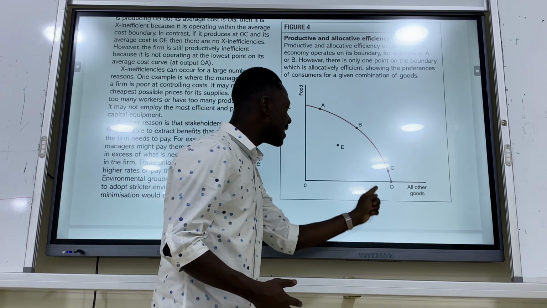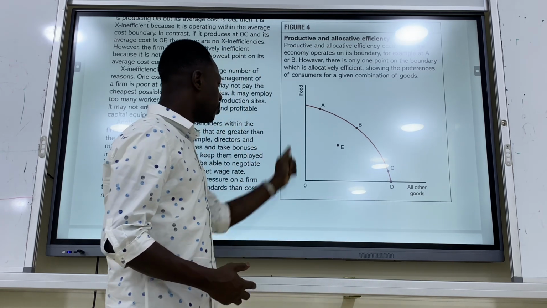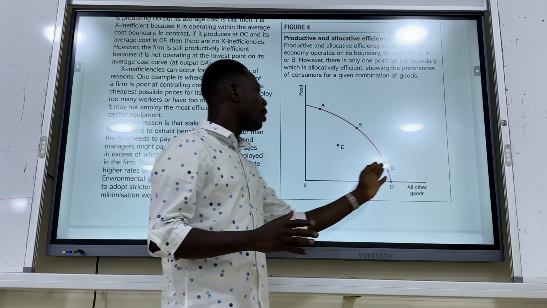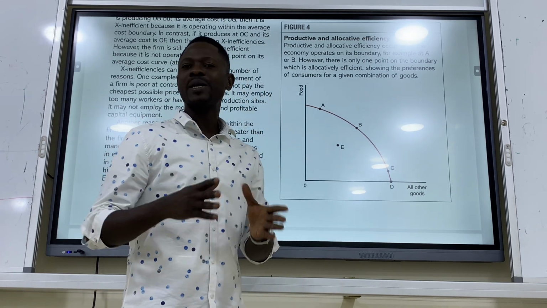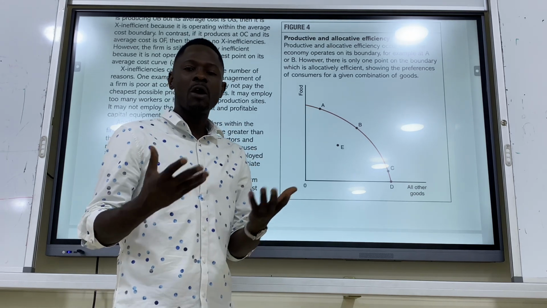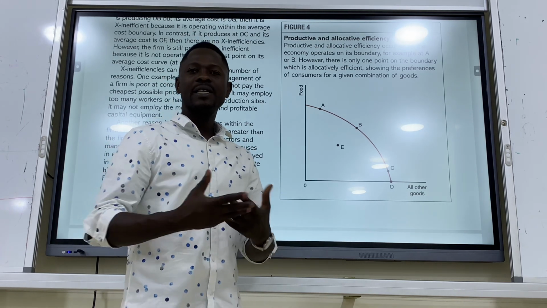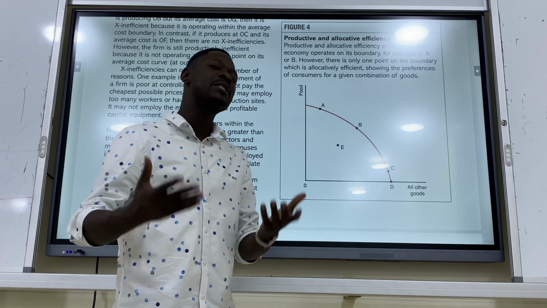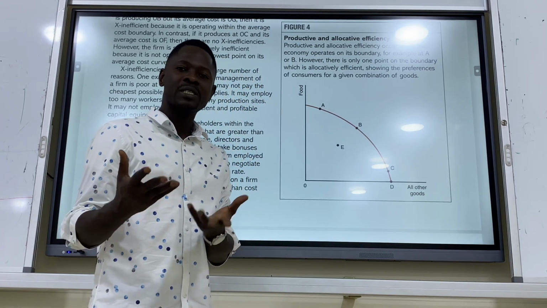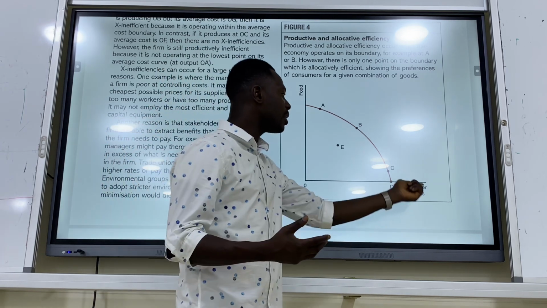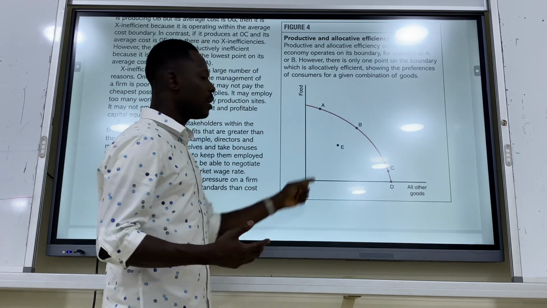But at point D, they won't be able to consume food. The only thing they will be able to consume is all other goods, which means they do not have choice, and that does not bring about consumer satisfaction. Consumer satisfaction comes when goods are being produced to maximize their welfare. So here, there's no maximization of welfare, because all other goods are being produced with no food being produced.